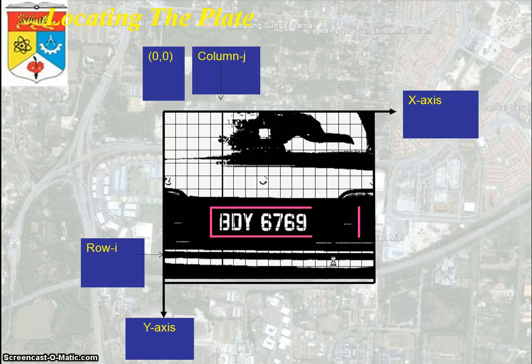And for the plate number, once we find a car, or we detect a car speeding or violating traffic regulation, we just focus on the plate number, and we change it to black and white for easy processing.